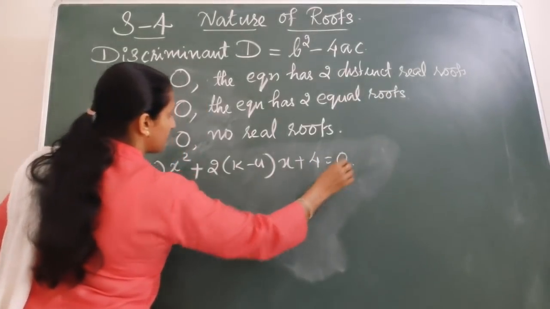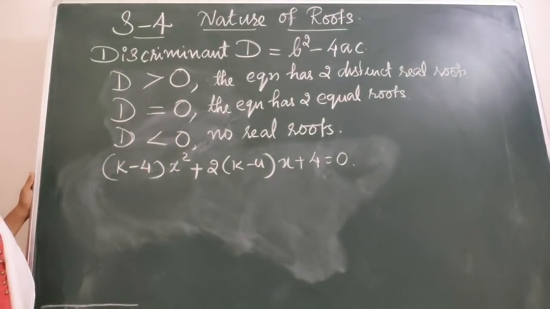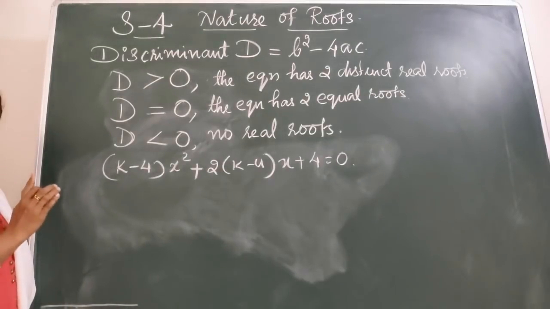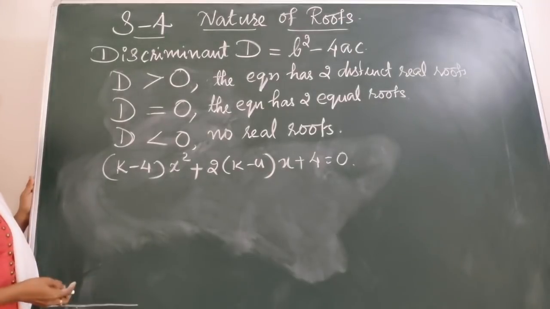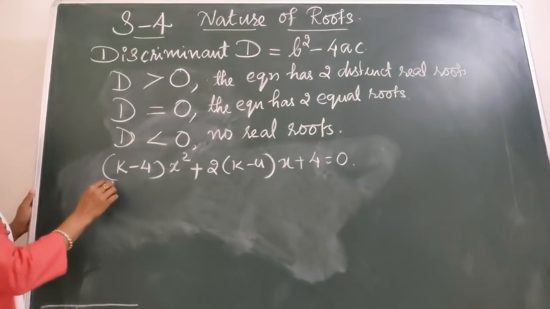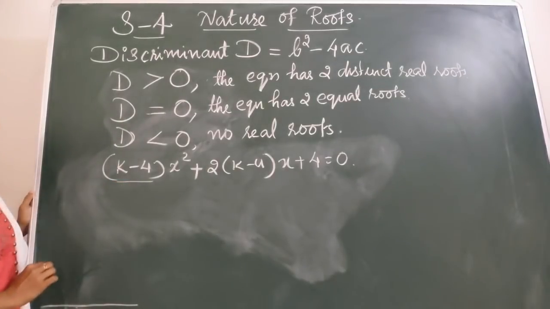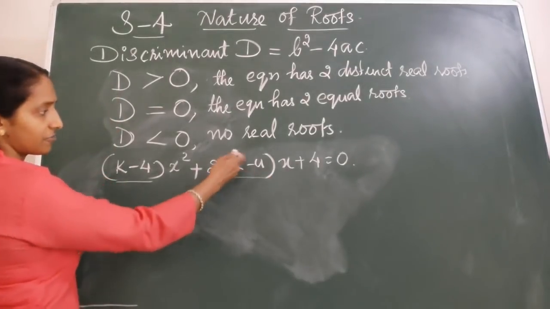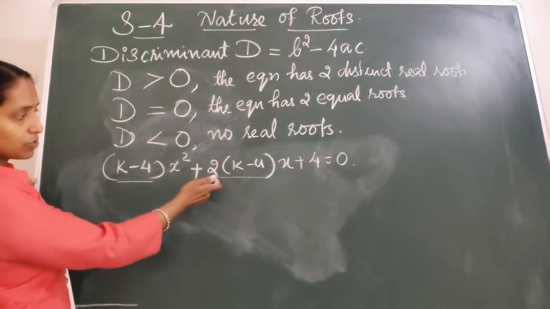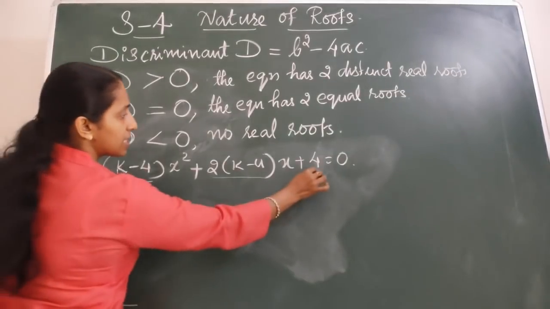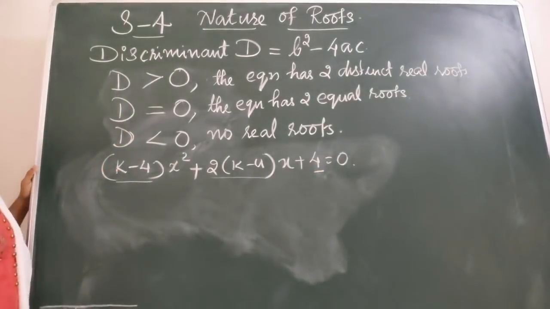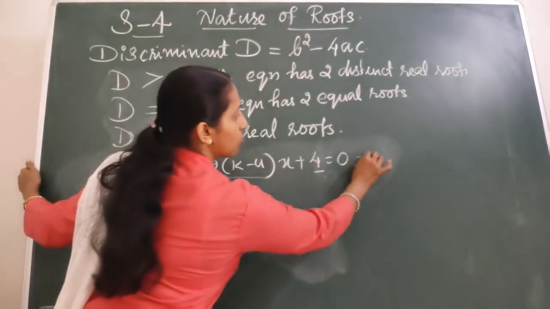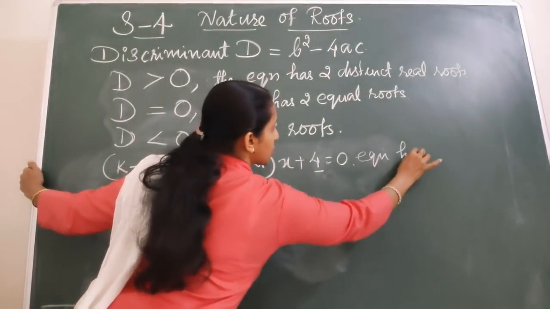Here also you have to find the value of k, and it is mentioned that the equation has equal roots. What to do? We have a equal to k minus 4, b is equal to 2k minus 8 after removing the bracket, and c equal to 4, and it is given that the equation has equal roots.